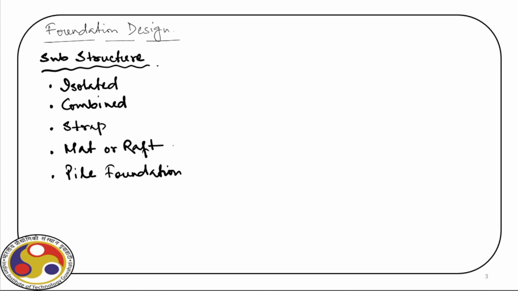Now, let us first see the schematic diagram of an isolated footing. So for that, we have a small pad-like structure that transfers the load from the column to soil underneath.